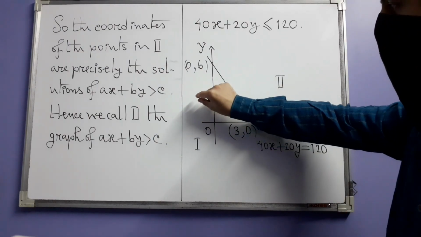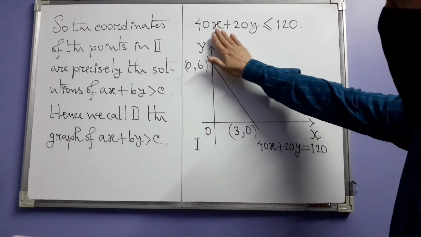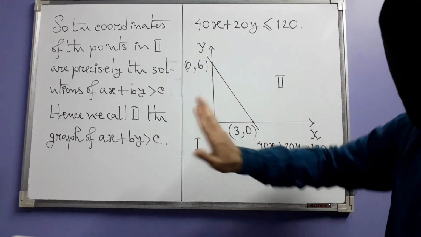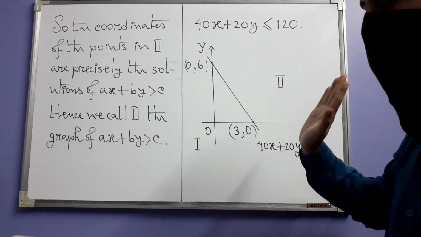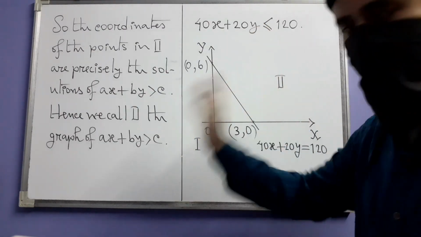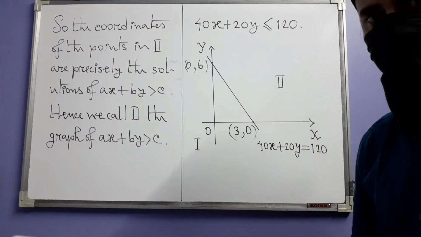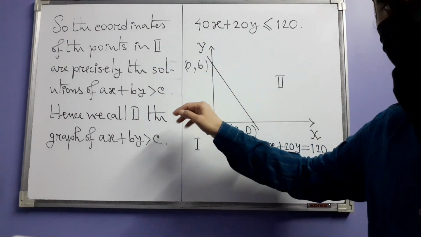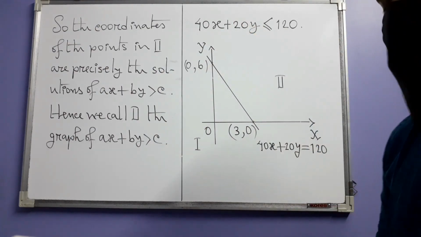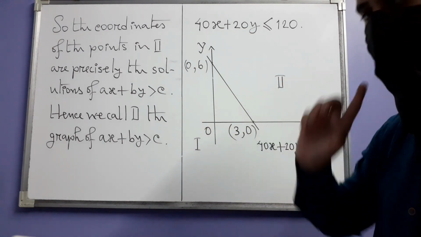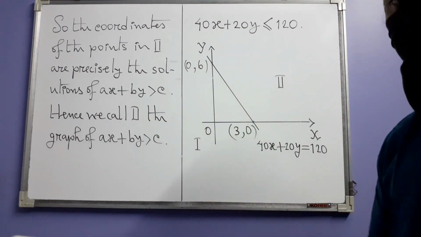Say you pick one point from here and substitute the coordinates here. If the inequality is satisfied, then you know that yes, this is the half plane which represents all the solutions of this inequality. But if it is not satisfied, then it will be the other one.